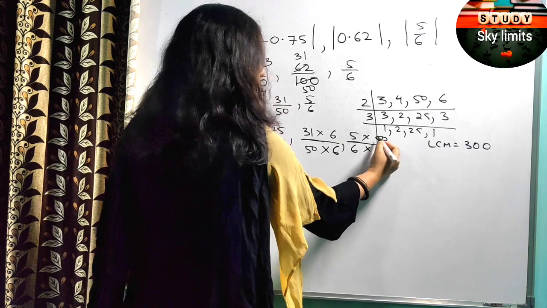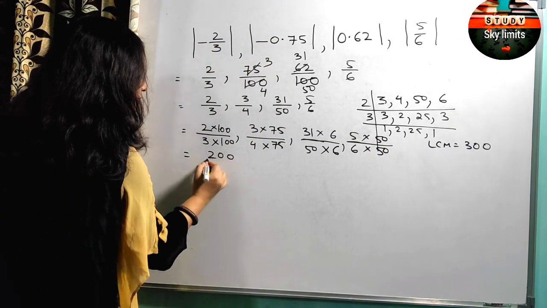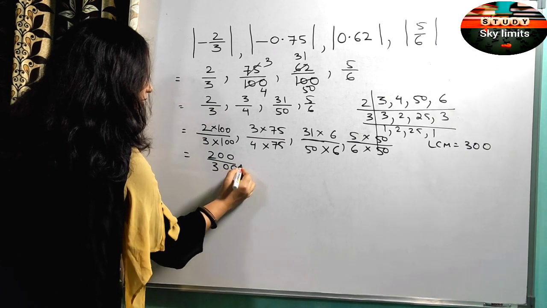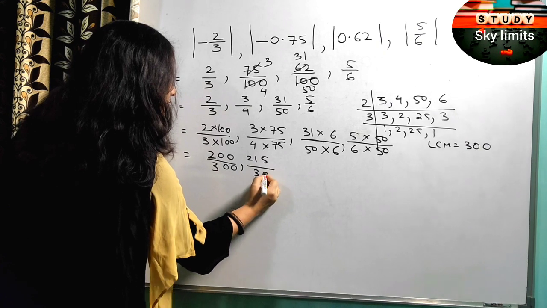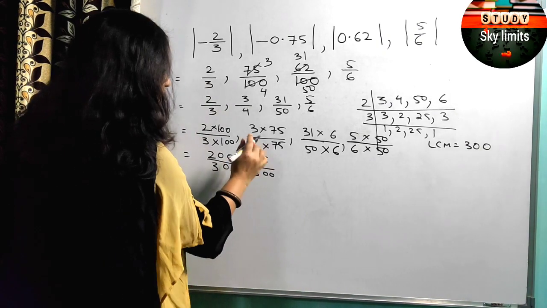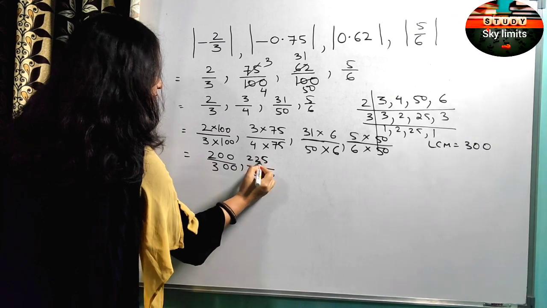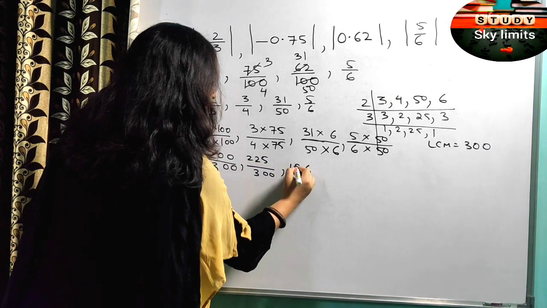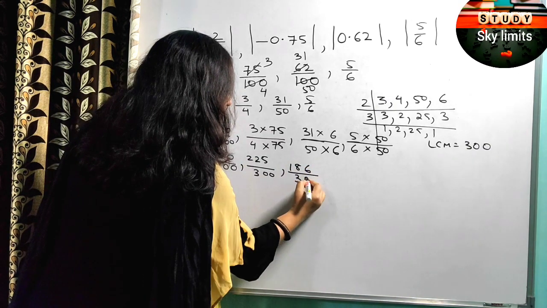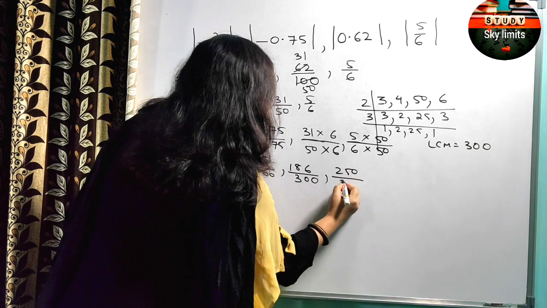So now we have got 200 by 300, 215 by 300, sorry, 225. Then we have 186 by 300 and then 250 by 300.